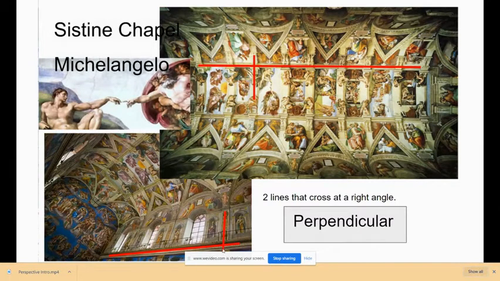This one, they're not quite right angles, and this would be perpendicular as well to this one. If we were standing actually in this building looking straight on at it, then it would be a right angle. So with perspective, it's not quite cut and dry. But you have to think about it as if you were standing right in front of it, would it be a right angle? And then it's perpendicular.